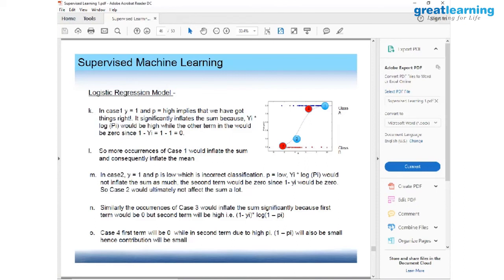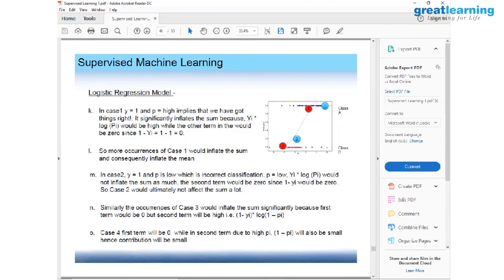All algorithms do this, whether linear or non-linear. So maybe this compartment belongs to A, maybe this one belongs to B, maybe this one belongs to C. Whether it's a neural network, support vector machine, logistic regression, or decision tree, they break your mathematical space into compartments.